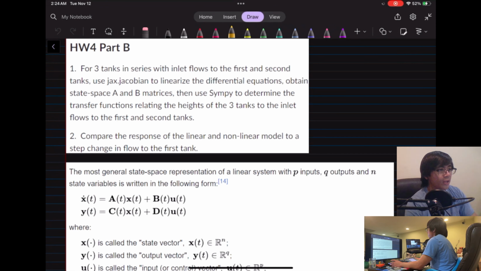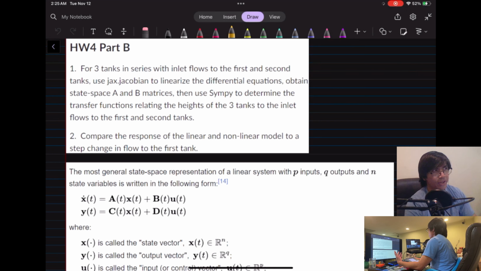I believe in class we only did the first tank, but I can also show an algebraic way to relate it to the second tank as well if we choose to change it. And then we compare the linear and nonlinear responses. As you might guess, the linear response, since it's an approximation, will be a little off from the nonlinear model that we normally use for this problem.